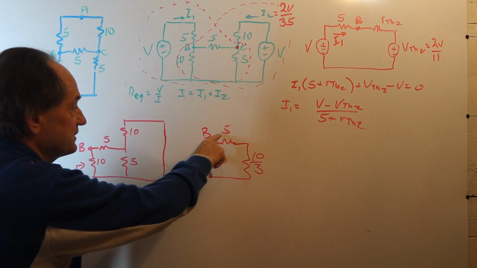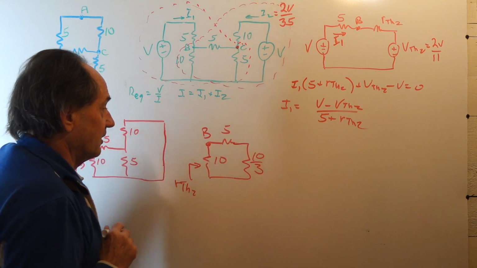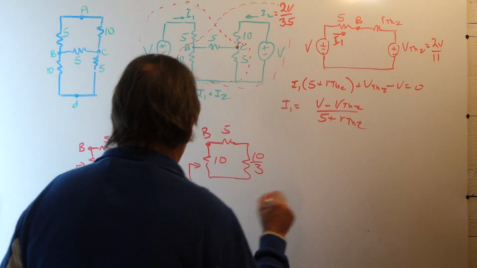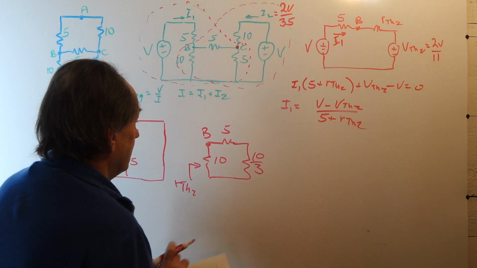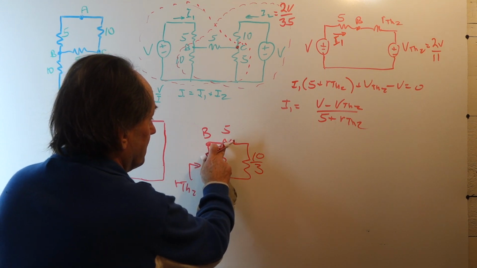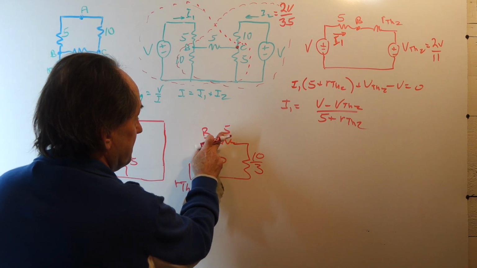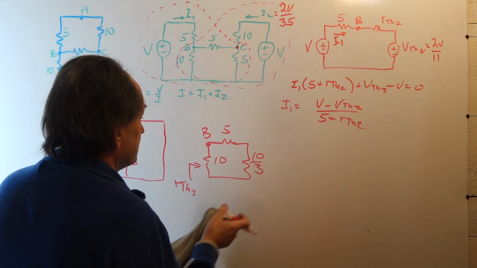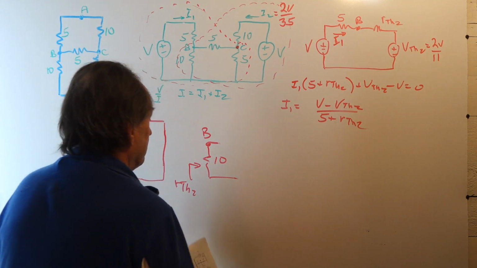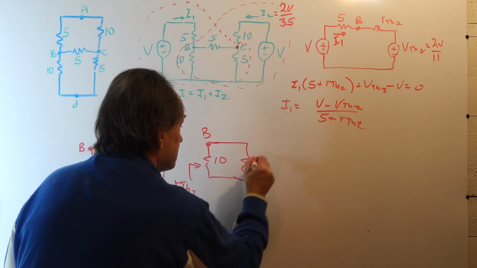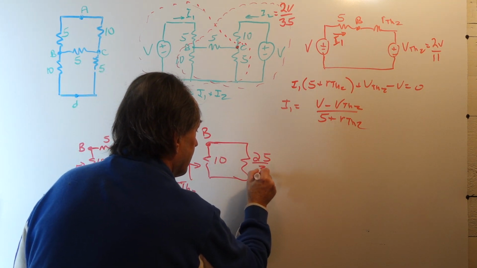And that's in series with the 5 ohm resistor, which is in parallel with 10. So now, if we add the 5 ohm resistor to the 10/3 ohm resistor, this is the same as 15 thirds plus 10 thirds. We replace it with an equivalent resistance of 25/3.